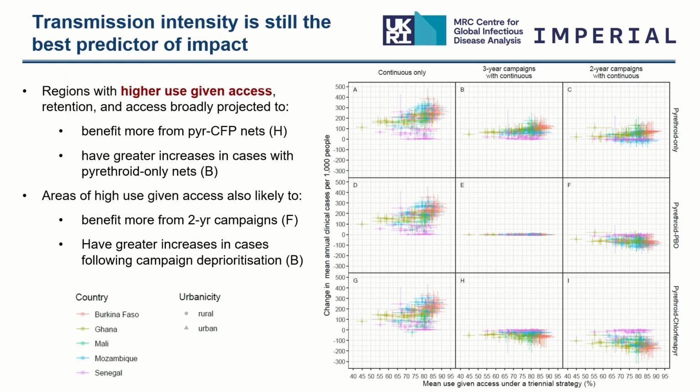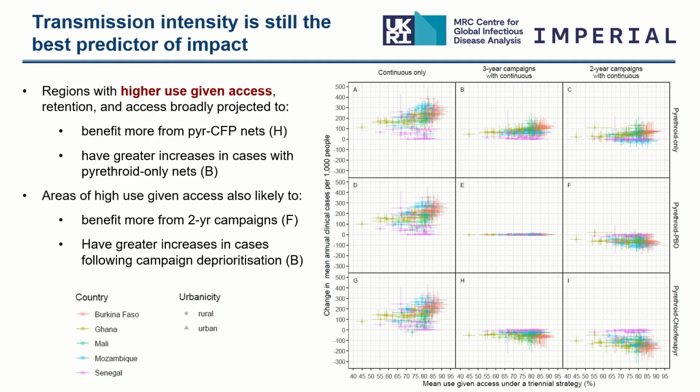So that was us looking at the relationship between transmission intensity and the impact of switching to different strategies in different regions, but we also looked at, does anything else matter? Should we be thinking about other things aside from transmission intensity?